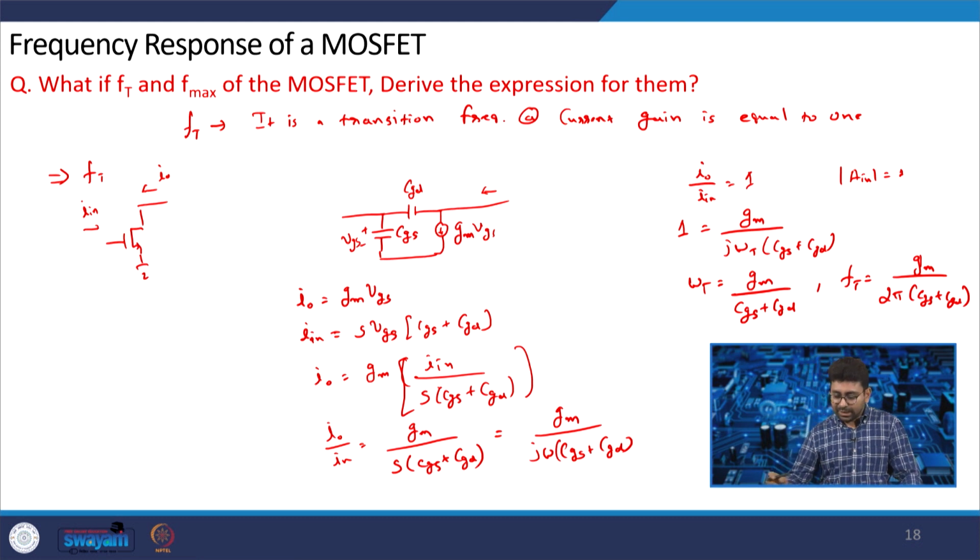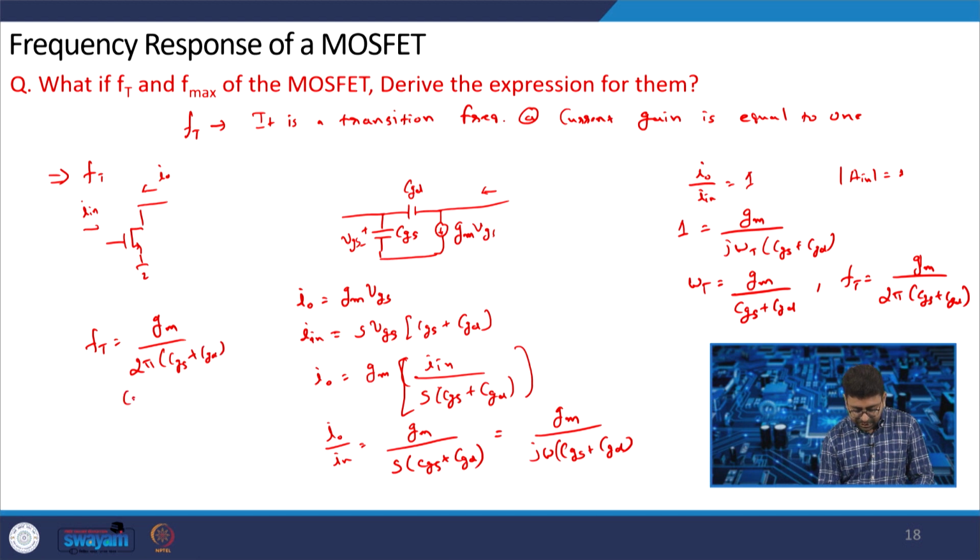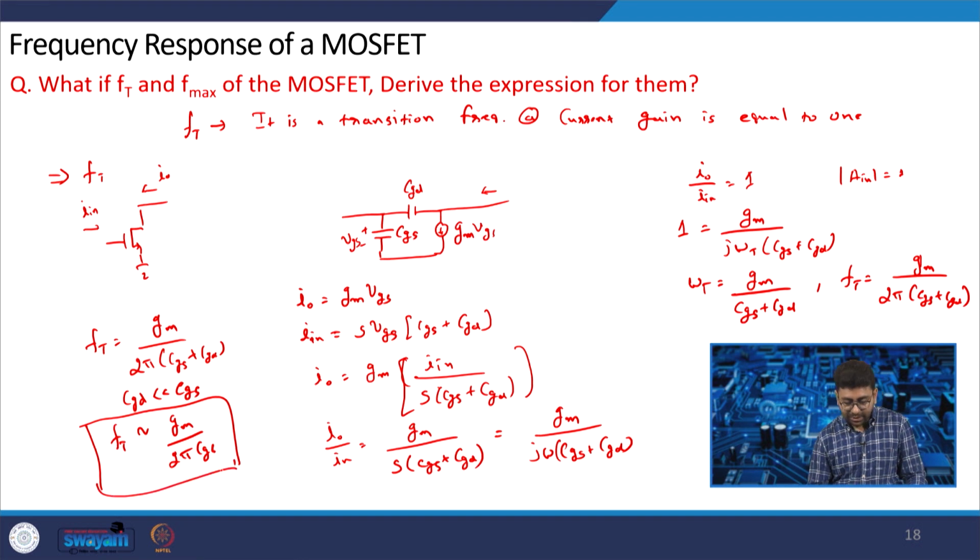In many cases the CGD is negligible. So, if CGD is lower than CGS, we can write FT as GM by 2 pi CGS.